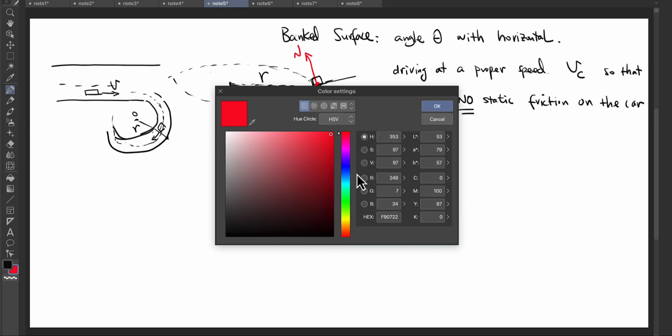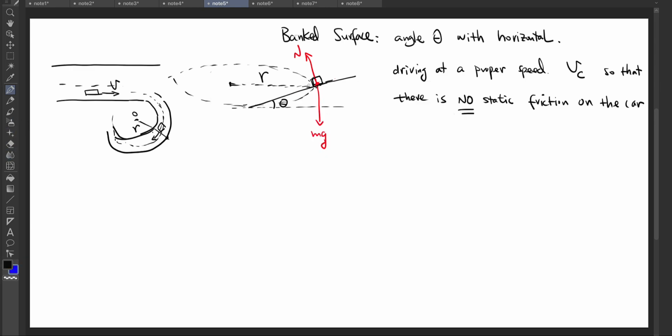If you write down the dynamics along the r, t, z directions, here's the r hat direction, and the t hat will be the tangential direction. The z hat is this vertical direction.